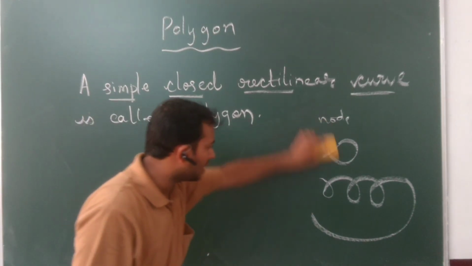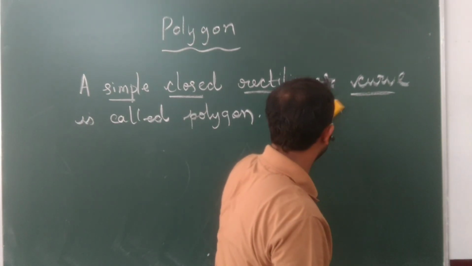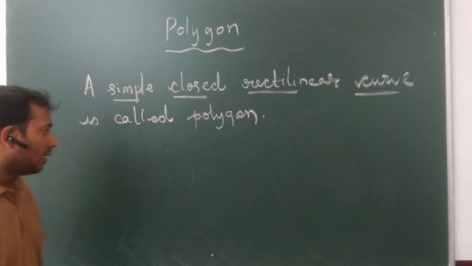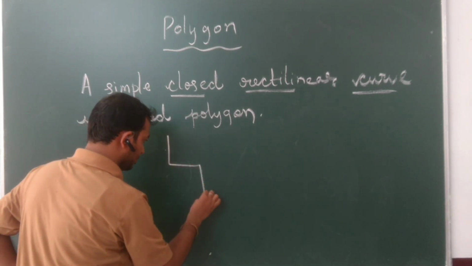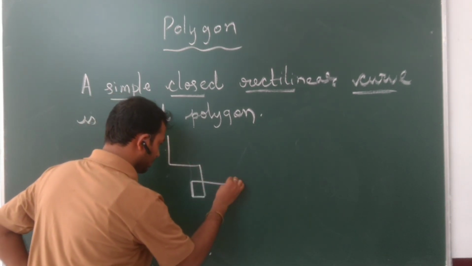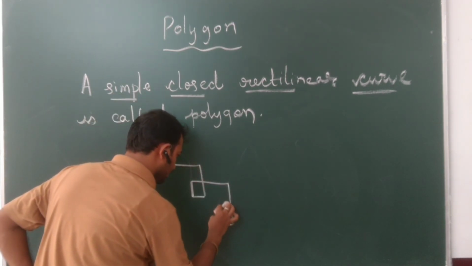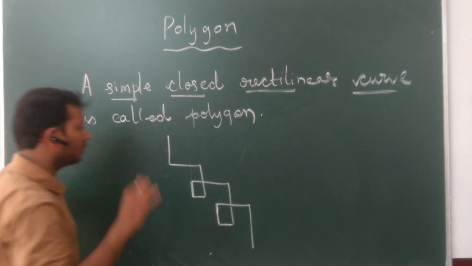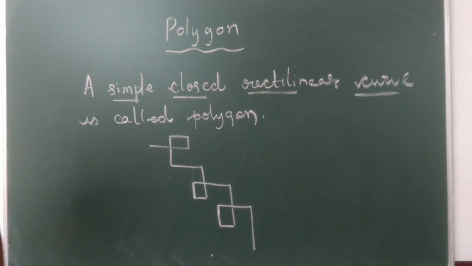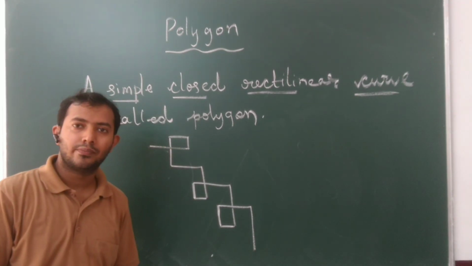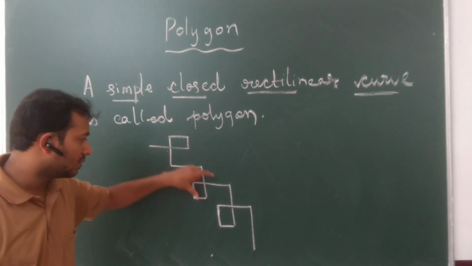So let's take more examples so that it will be more clear to you people. Okay, like so if you look at this figure, can you guess what type of figure is this? Yes, if you see that all are what?